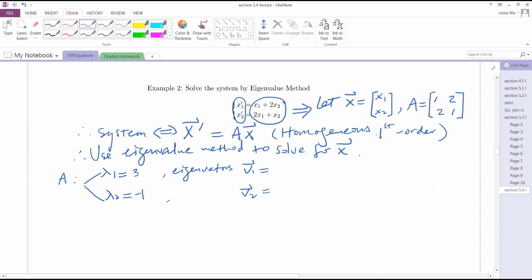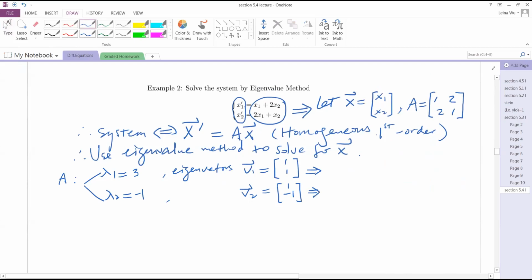Previously we just called them v and v, but now let's put a subscript, 1 and 2, to match the lambda. Did we have 1, 1 and 1, negative 1 for these 2 eigenvalues, right?